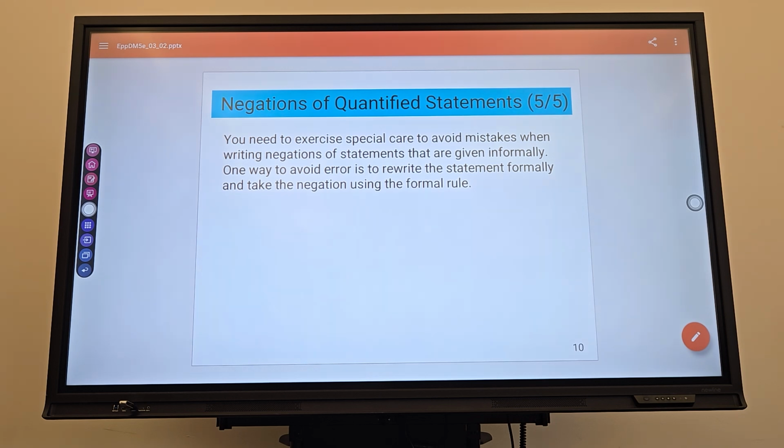Writing negations of statements can be tricky. Rewrite the statement formally, then take the negation, and then translate it to an informal form is a better strategy.